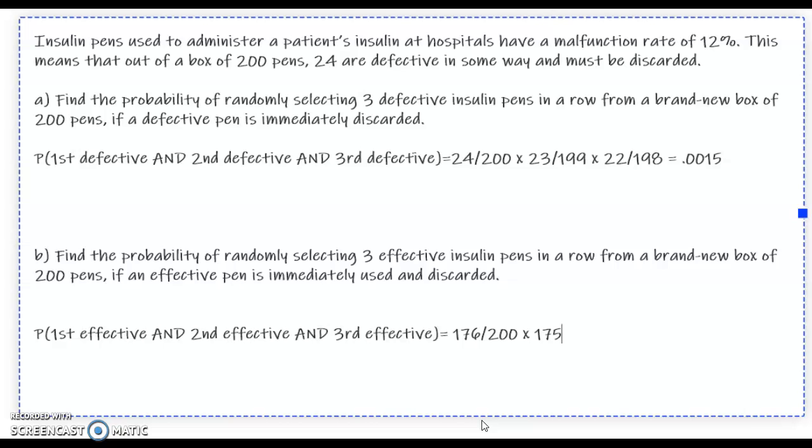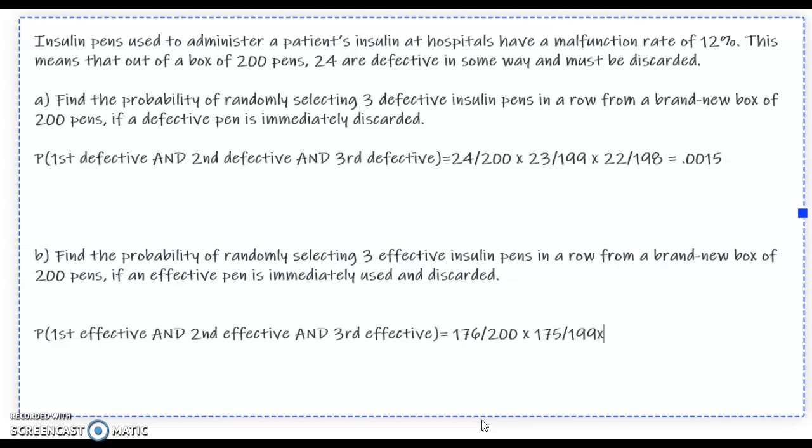So far, so good? Divided by, I started with a box of 200, but I pulled a good pen, I used it, I threw it away. Now I only have 199 pens in total left. Okay, look at those numbers, make sure you see where I'm getting them from.